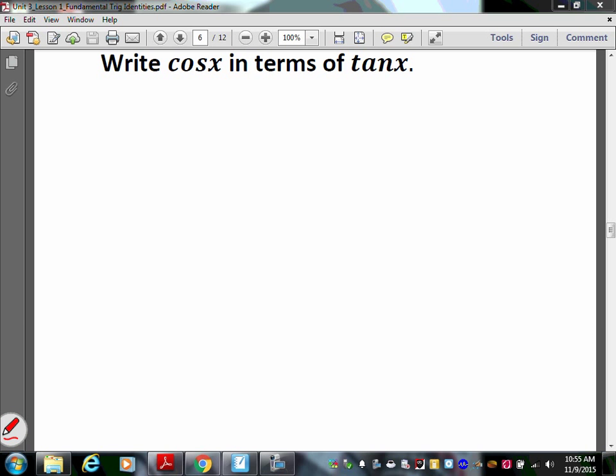All right, so I want to write cosine in terms of tangent, which means at the end of this, I want to have cosine on one side, and the only stuff on the other side are either numbers or tangent, nothing else. So no other functions.